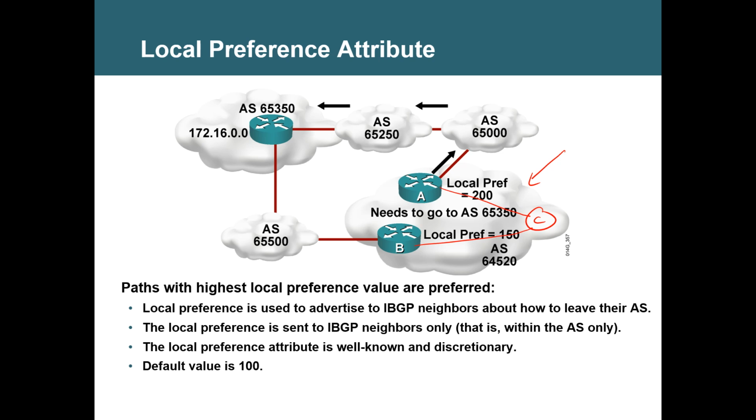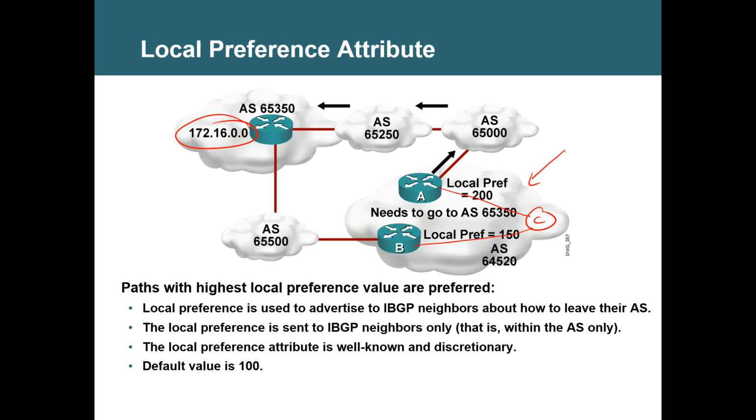If I want all 300 routers to forward the packet to A, not to B, to reach this network, including B, to reach 172.16.0.0, there are multiple paths here.